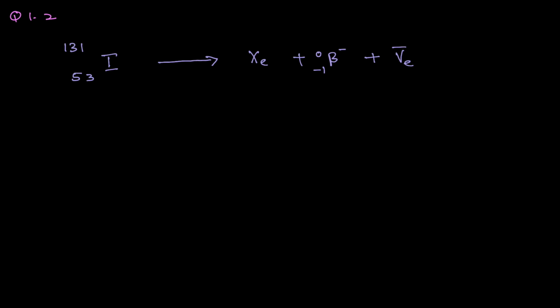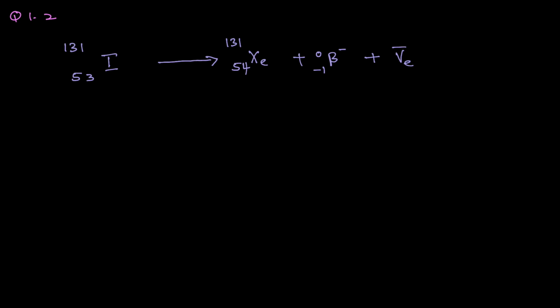The mass number on the right hand side has to balance the mass number on the left hand side, so you're going to have 131. Likewise, the proton number on the left hand side will balance the proton number on the right hand side. This is minus 1. What can I add to minus 1 to get 53? It will be 54.